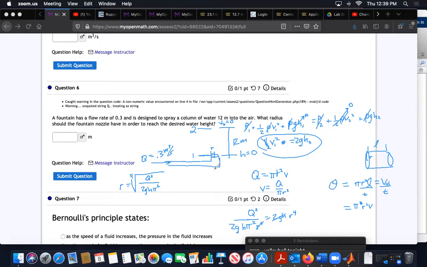My flow happens to be 0.3, so I put 0.3 squared in there. And then I divide by 2. I divide by 9.8. I divide by H, which is 12. And I divide by pi squared.